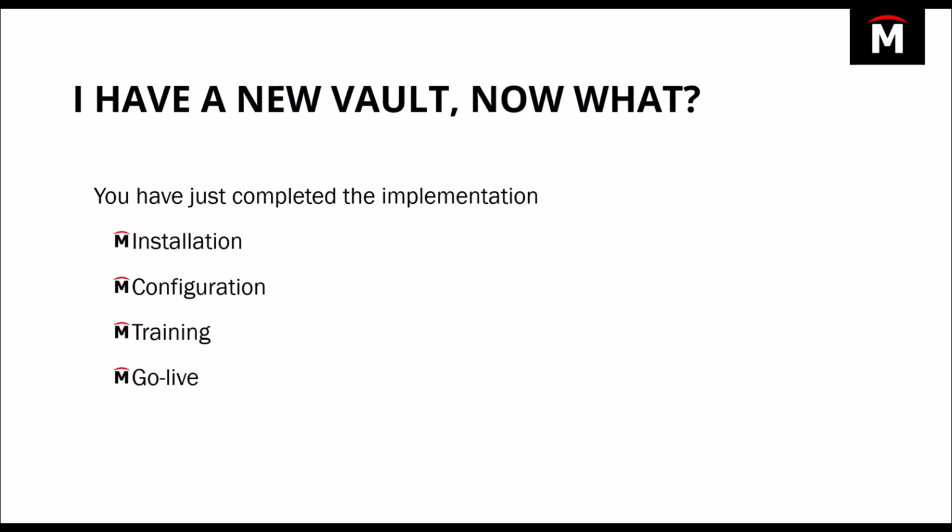You would configure the PDM system to suit your needs. You would go through some training, usually for the administrators and the end users, so you know how to use the system. And then you would simply go live, which means allowing people to get into the vault and start using it, storing files, accessing data, and so on.